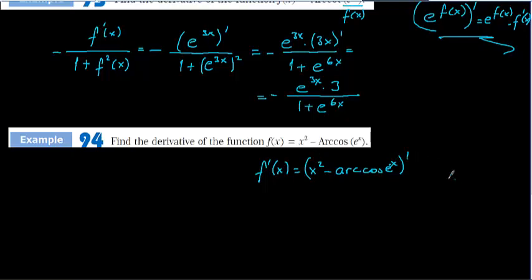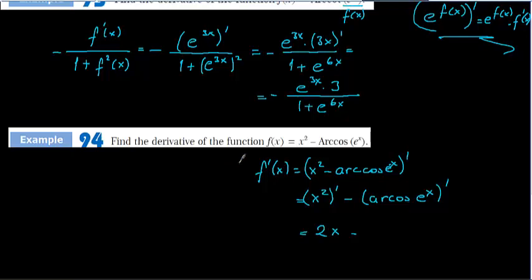And here, if you remember, the important part: the derivative of x squared is 2x, minus the derivative of arccosine with a minus sign. Arccosine's derivative is with a minus sign, while arcsine's was with a plus.